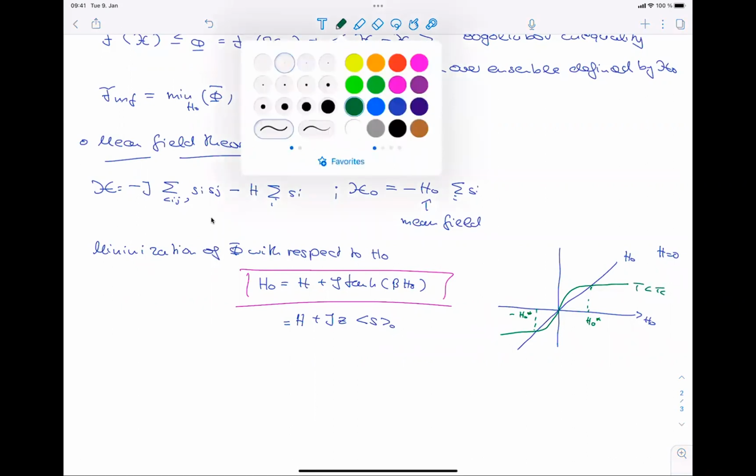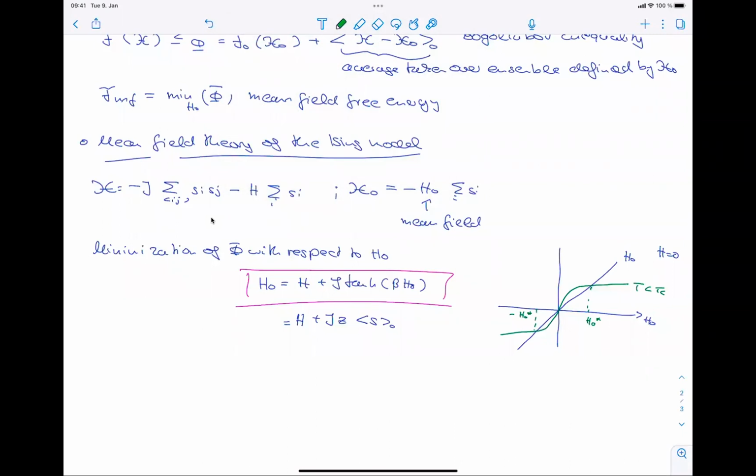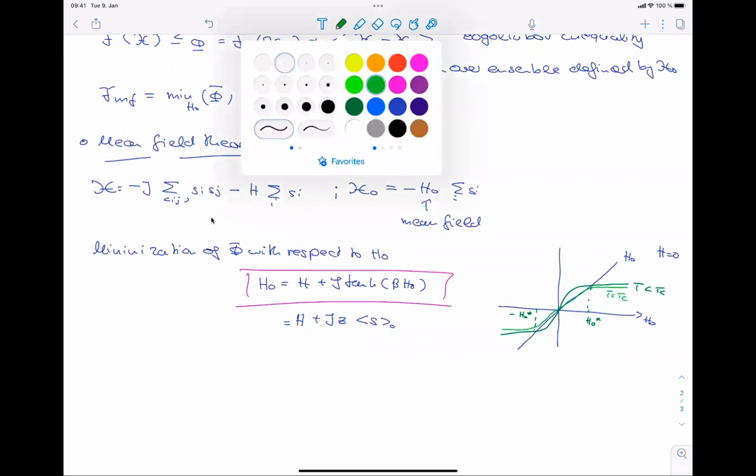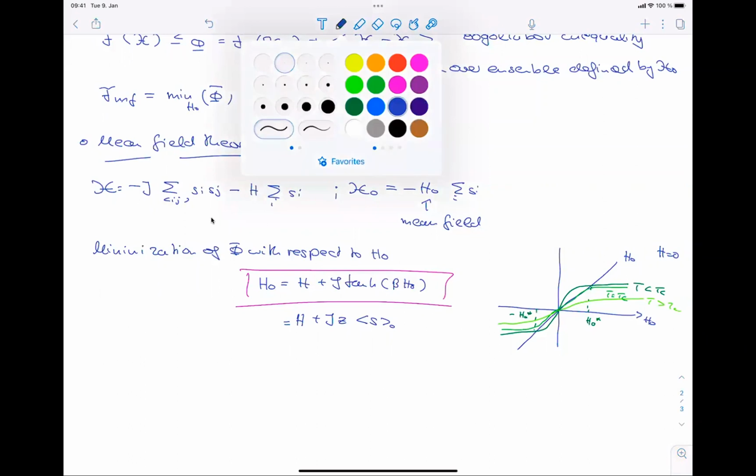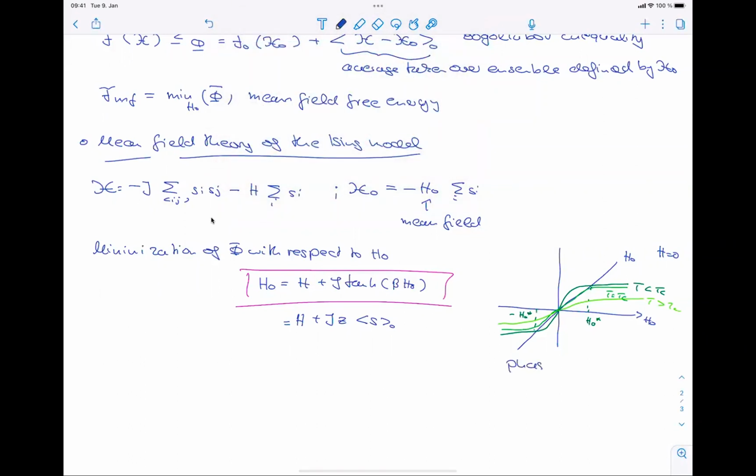And if I increase the temperature, at T equals TC, this additional crossing vanishes, and for T bigger than TC only one remains. So I find a phase transition. Ta-da! We're very happy because all of a sudden we found one, given that this was the whole scope of this class, to find phase transitions.